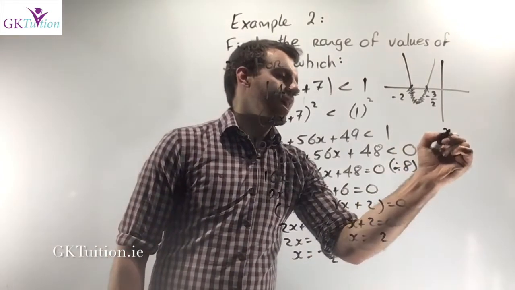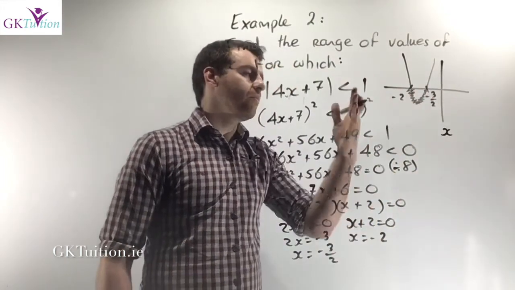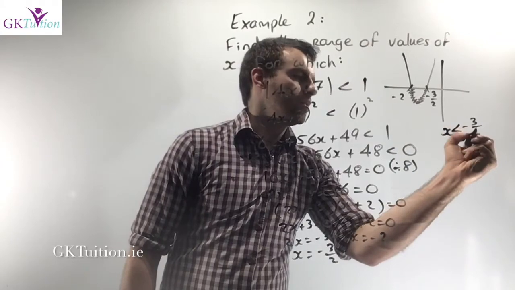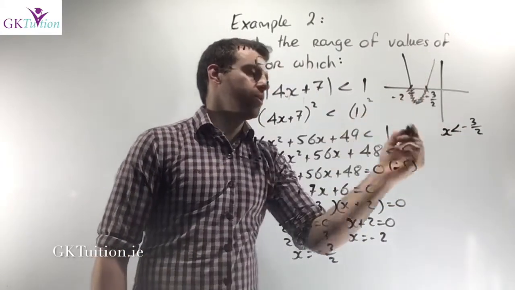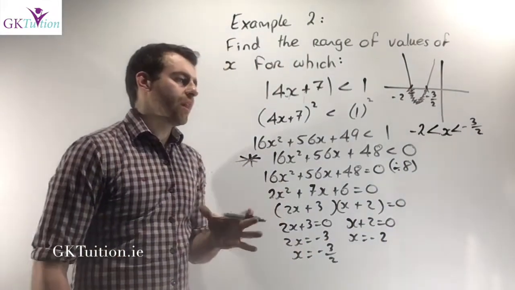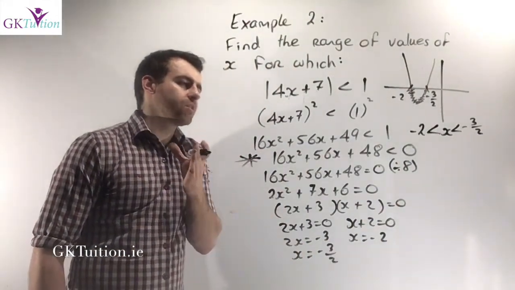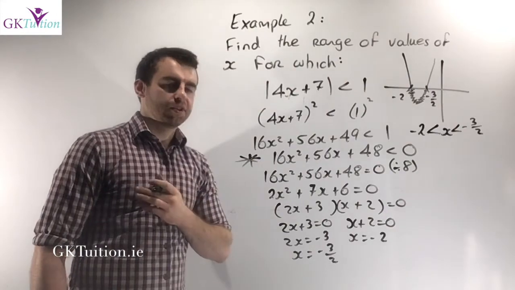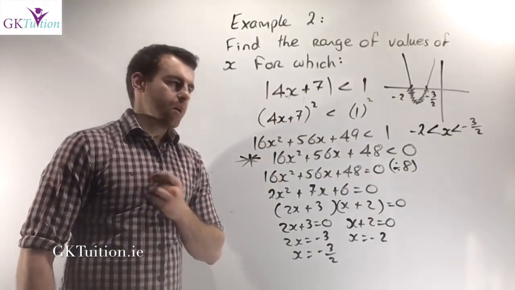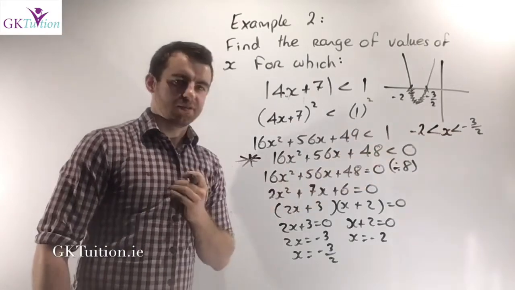So I can now say that x must be to the right of -2, in other words greater than -2, and to the left of -3/2, in other words less than -3/2. So my final answer here is that when x is greater than -2 but less than -3/2, then the modulus of 4x + 7 is less than 1. So that's my final answer for this one.